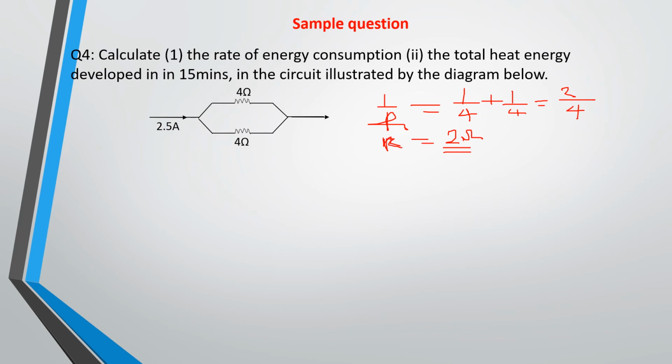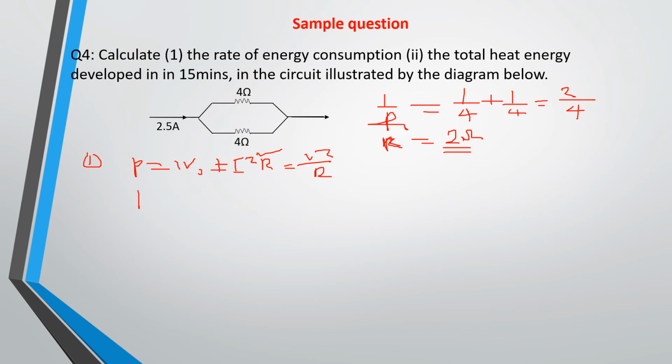Now they say you should find rate. Rate is power. So which of those equations for the number one is find rate of energy consumption, which is power. Okay, so power we said is equal to IV, is equal to I squared R, is equal to V squared all over R. So amongst these, this is the equation that can apply.